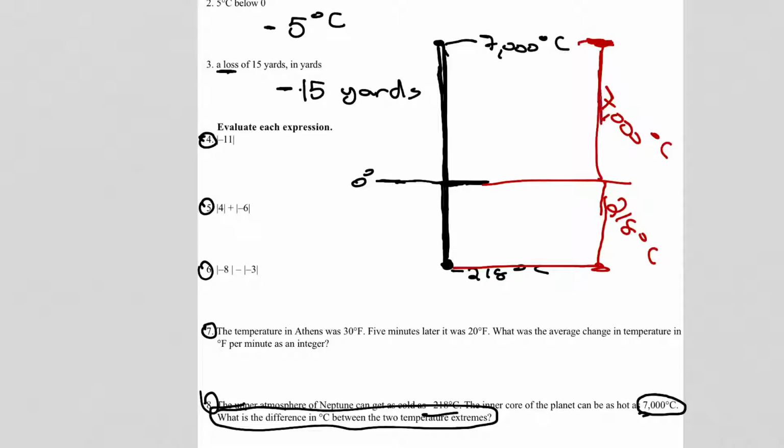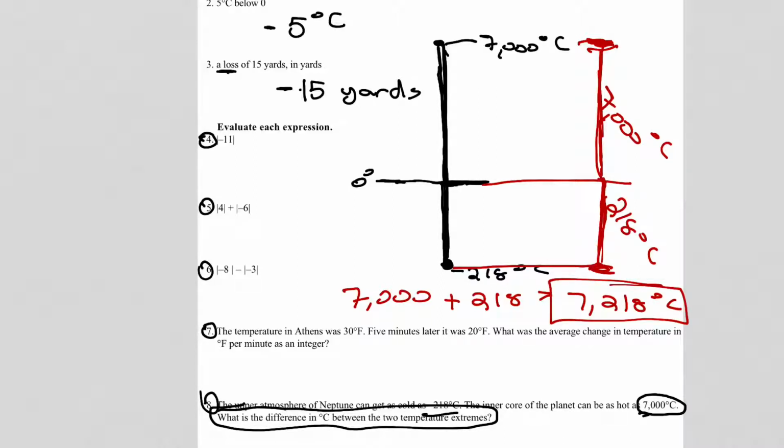Well, if this amount is 7,000 and this amount is 218, the distance between the lowest point and the highest point would just be 7,000 plus 218, which equals 7,218 degrees Celsius. So the difference between the two extremes in temperature is 7,218. Please pause it. I will also go ahead and explain it another way.